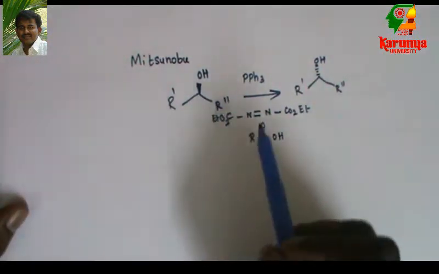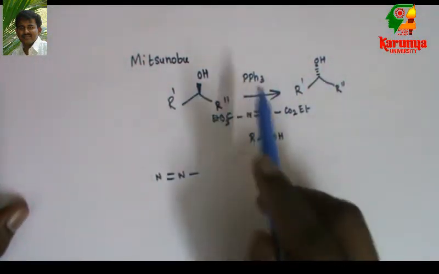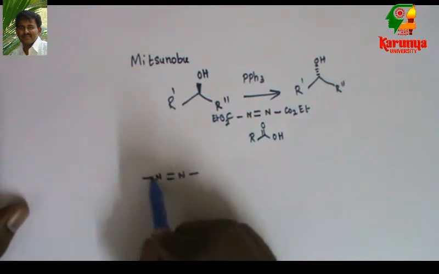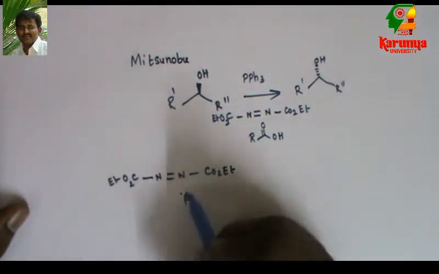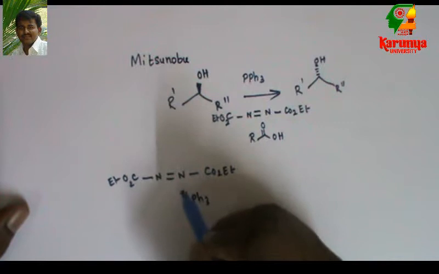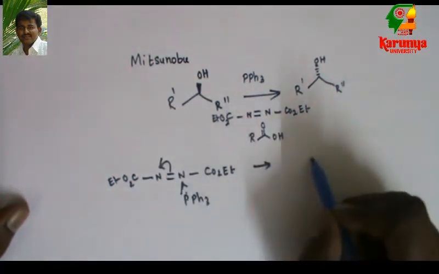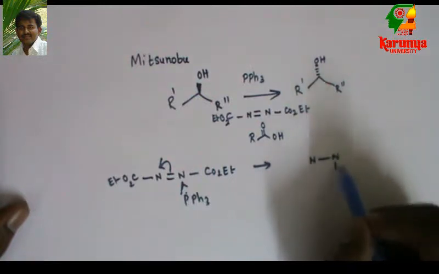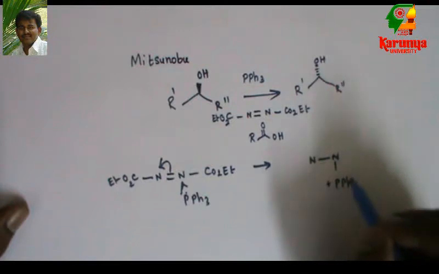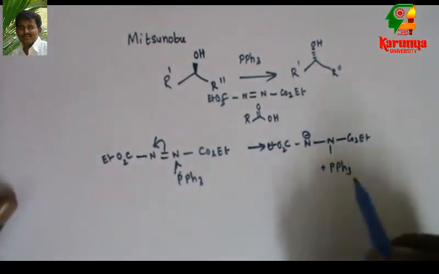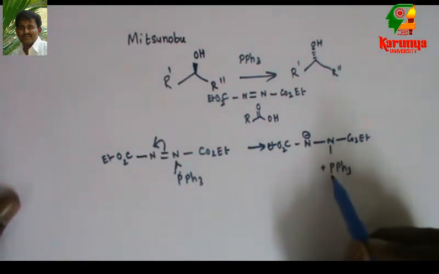What happens? This triphenylphosphine combines with DEAD, that is diethyl azodicarboxylate, like this. Now, this phosphorus has a positive charge.